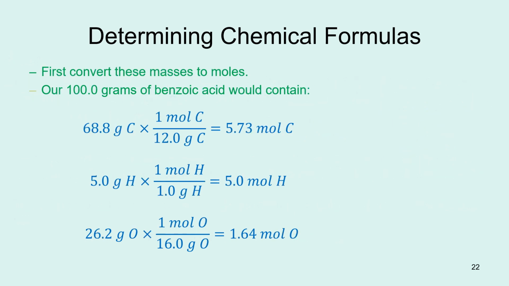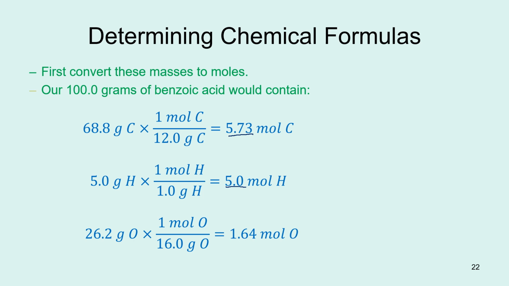All right, so the first thing we're going to do is convert masses to moles. 68.8 grams of carbon divided by the atomic weight of carbon gives me 5.73 moles of carbon. 5 grams of hydrogen gives me 5 moles of hydrogen. If I had 1.01, see, that's where in that last problem it was 1.01 or 1.0.